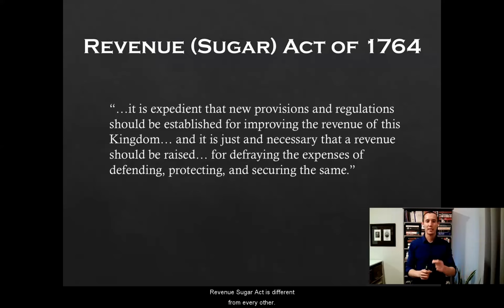The Revenue and Sugar Act is a duty, but it was different from every other duty or tariff the British had ever passed, because this is the first time the British tried to use a duty for revenue purposes, to raise money, not just to regulate trade. And it was a tariff on sugar.